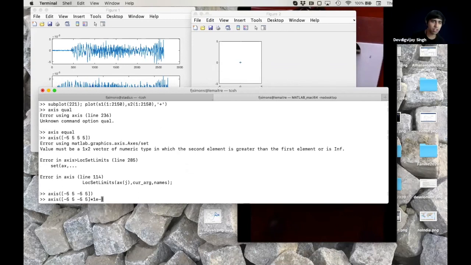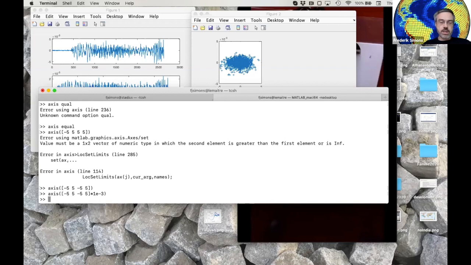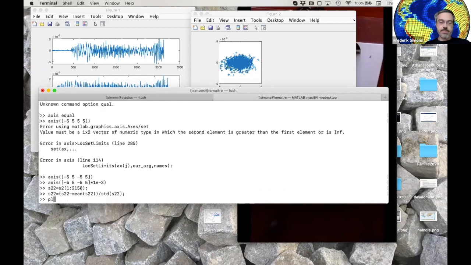Sorry, for S22, a few lines above, I think you subtracted the mean of S11. Luckily, it doesn't matter much because these signals have the same means, more or less. But thank you for noticing. I'm going to fix that. There is that. There is this. And plot it again in the subplot.